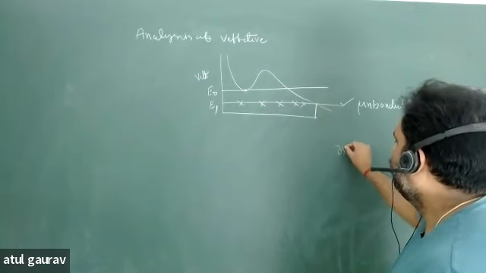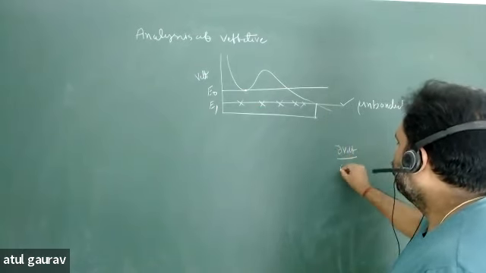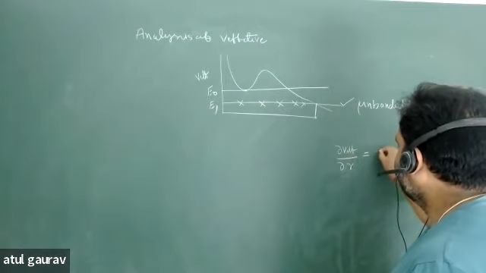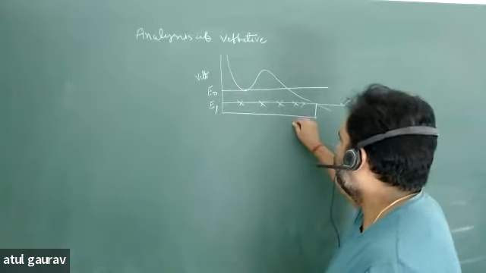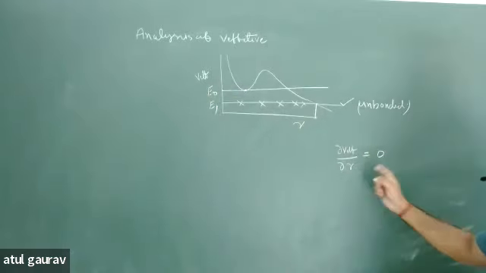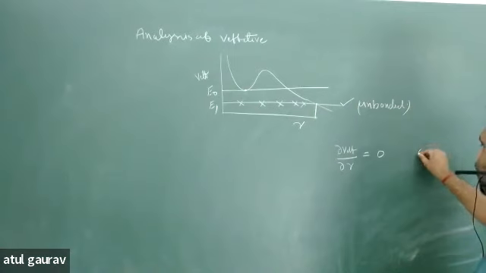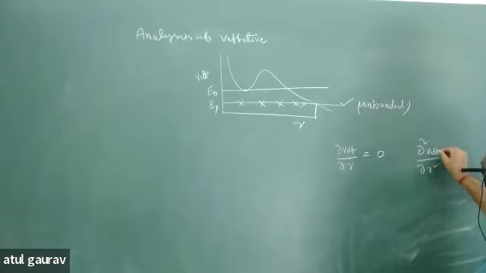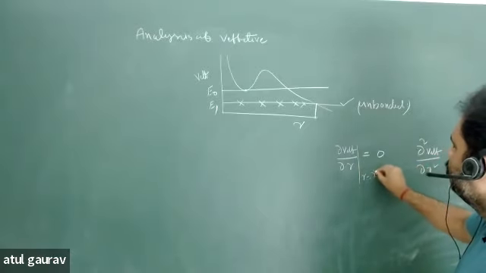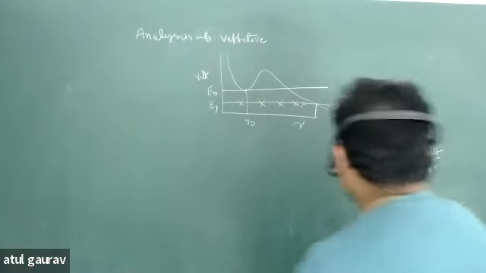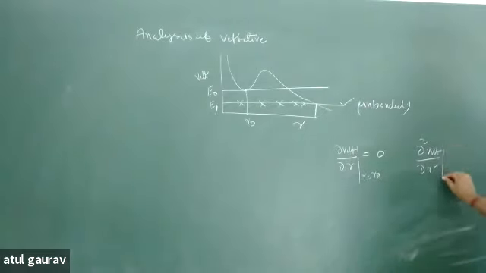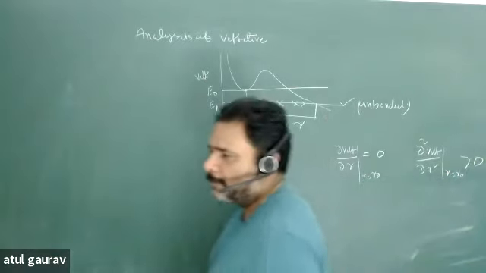If we go for del V effective upon del R, that must be equal to 0, because this curve is built between V effective versus R. So del V effective upon del R is equal to 0, as well as del square V effective upon del R square at some particular R equal to R naught is greater than 0. This is the condition of minima.